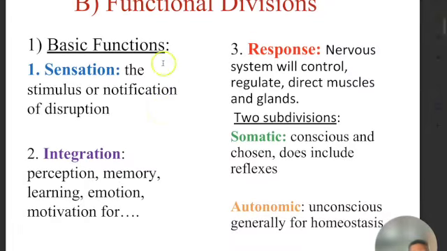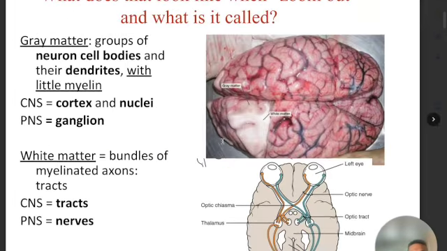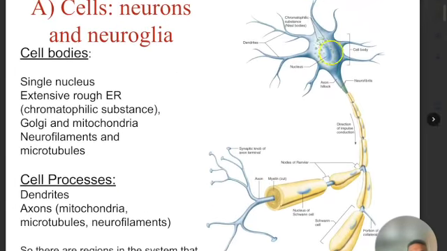Functional division, basic function, we saw some of these. Okay. We're going to study somatic and autonomic nervous system in a later chapter. Okay. Somatic, like we saw up here in the dendrite. Okay.